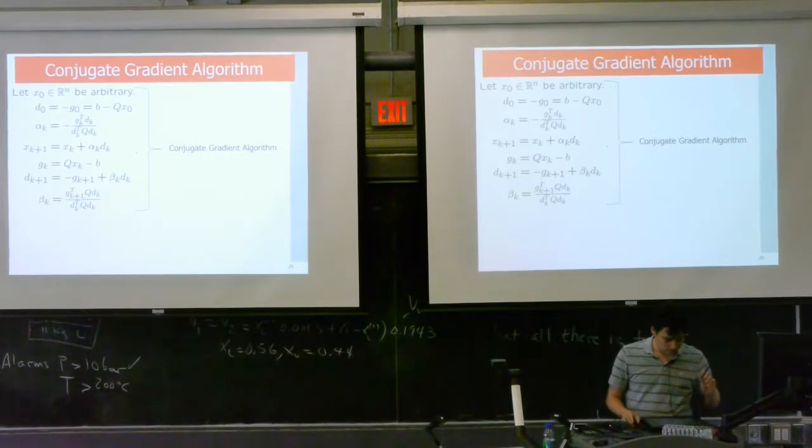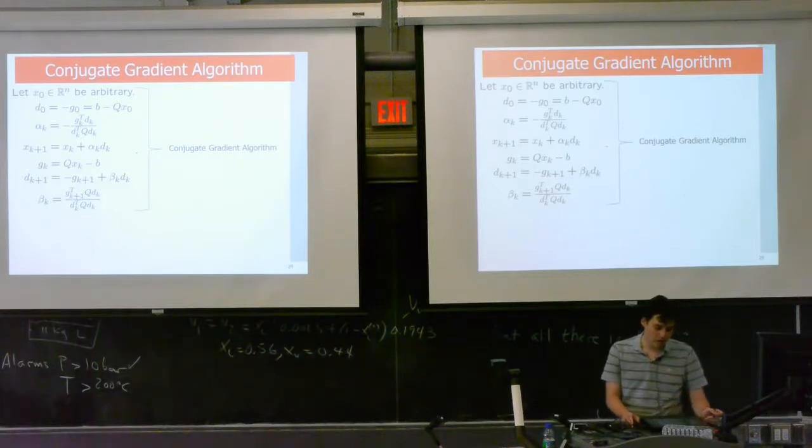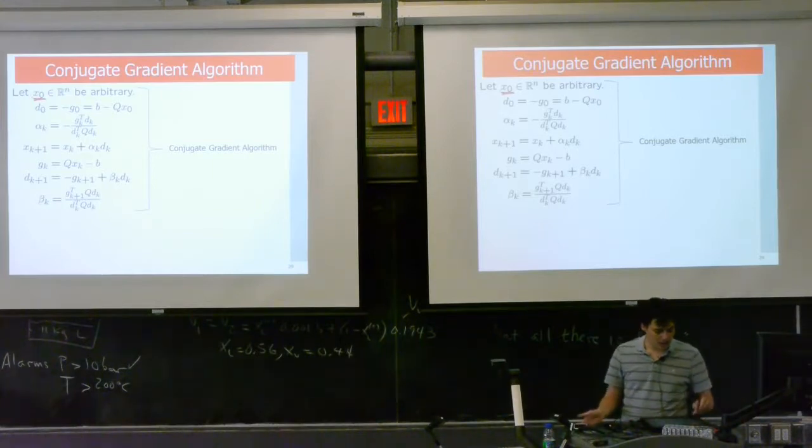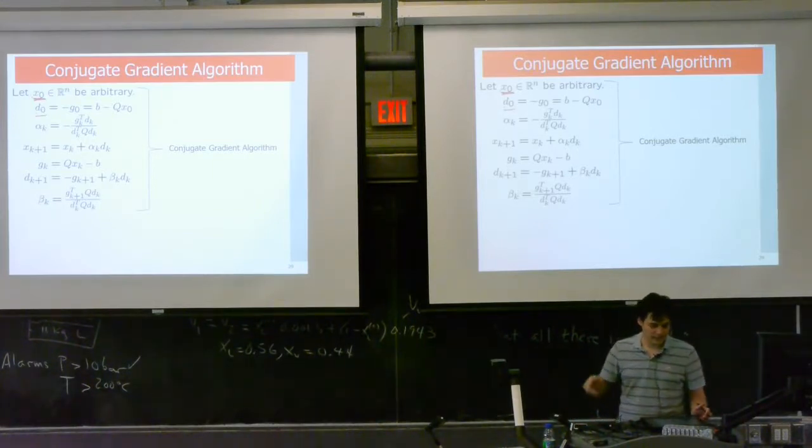So this is the pseudocode of the algorithm. Let x naught be an arbitrary starting point. Let d naught be the negative gradient at that point.